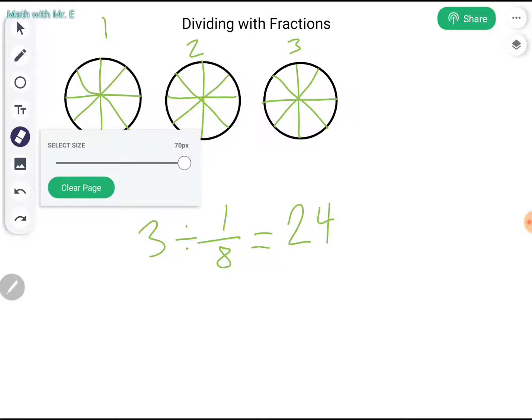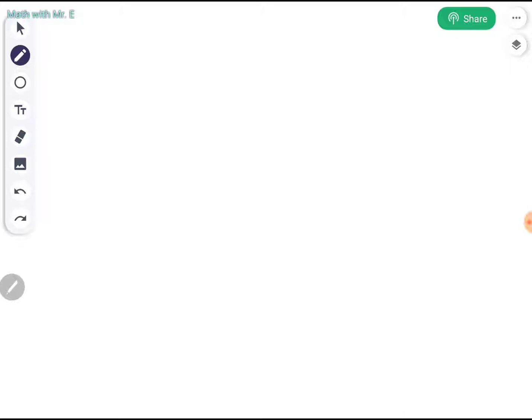So let's take a look at how we can do that. The easiest thing, if you understand that this is what we're saying when we're dividing, is to actually multiply. When you have a division problem, for example, that same one, 3 divided by 1/8, the easiest thing that we can do is actually multiply by the reciprocal of this fraction.